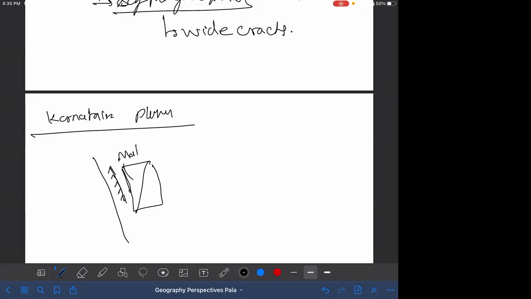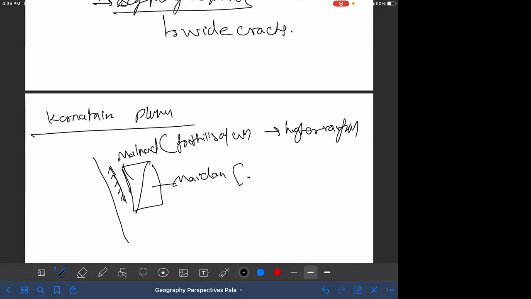Malnad is the one that is found in the foothills of Western Ghats, which is of higher elevation, and obviously these will be getting higher rainfall. On the other hand, Maidan is more lowland, which is receiving less rainfall and more arid conditions.